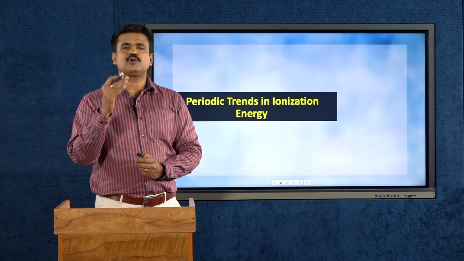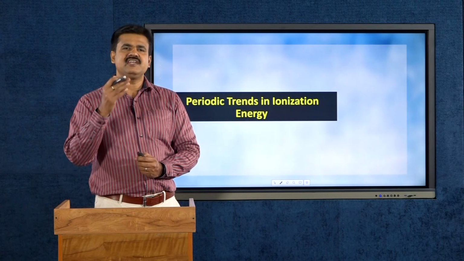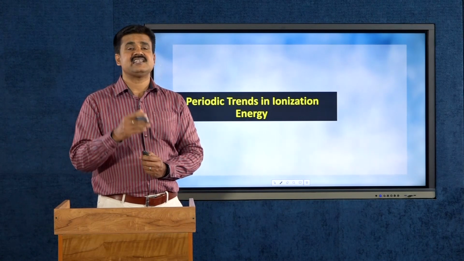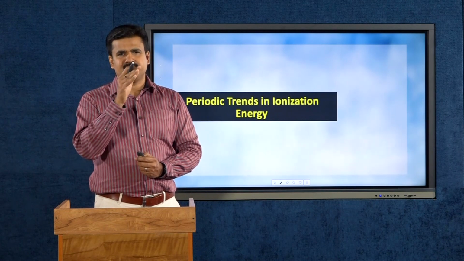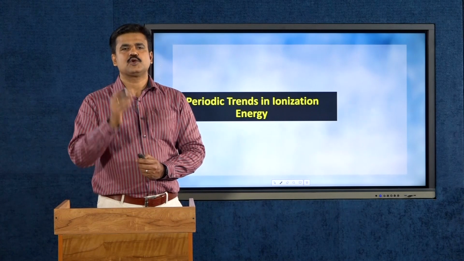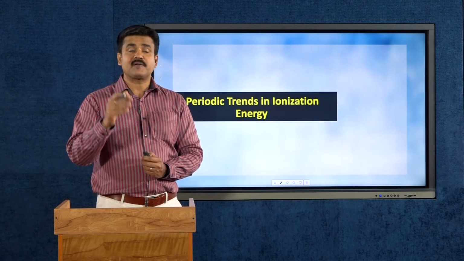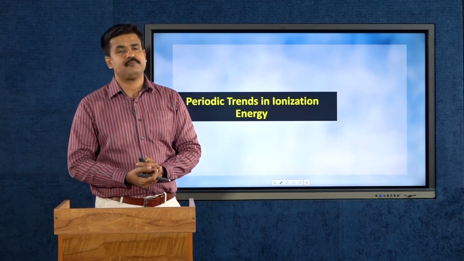If we move from top to bottom in a group, we can see some tendency, and in many cases that tendency is exactly opposite to proceeding across a period. That is, if we move from top to bottom in a group, the properties are opposite to what we see as we move from left to right along a period.